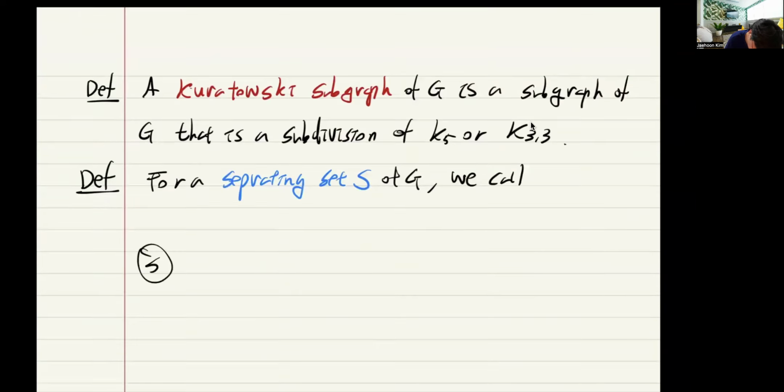What we have is S, and then we have some components.